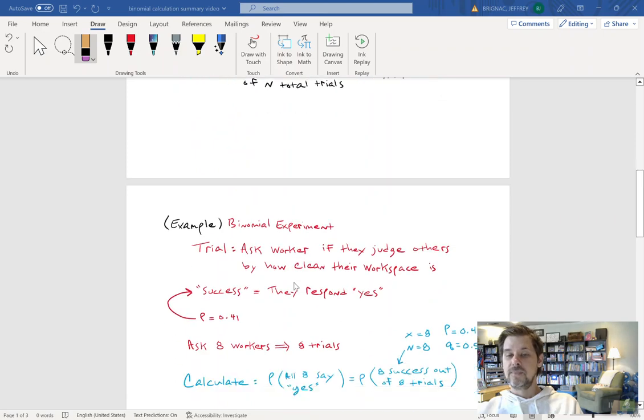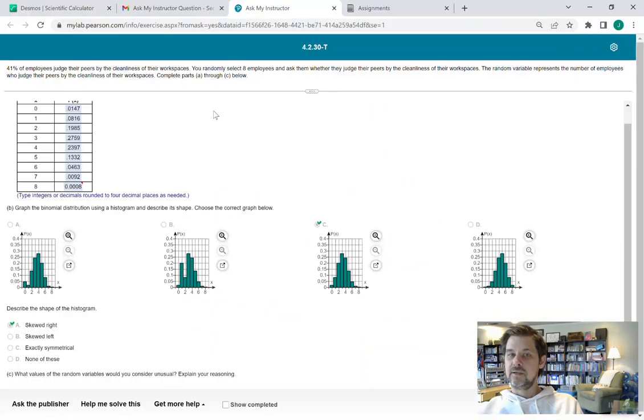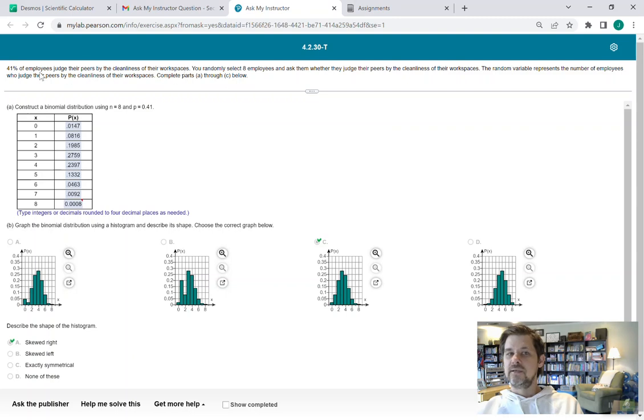Okay, so the question I decided to do was one somebody sent me, and here it is. The scenario is from MyMathLab. The scenario is that it's known, let's say by survey of some kind, that 41% of employees judge their peers by the cleanliness of their workspaces. Suppose that our binomial experiment goes like this.